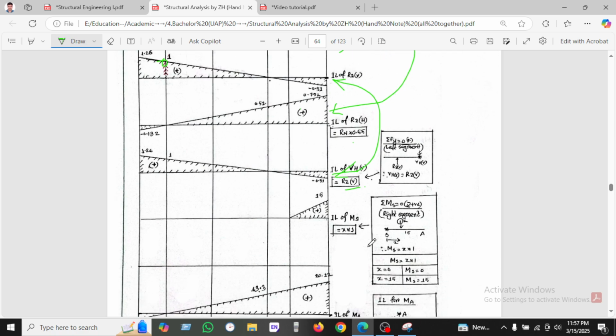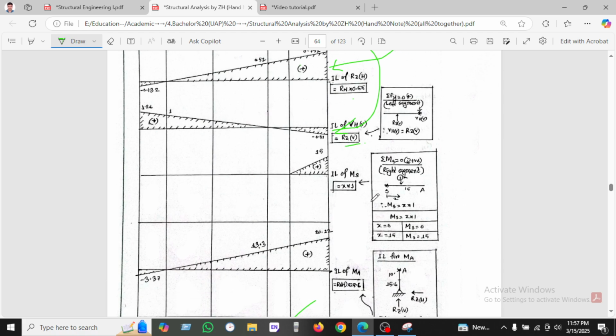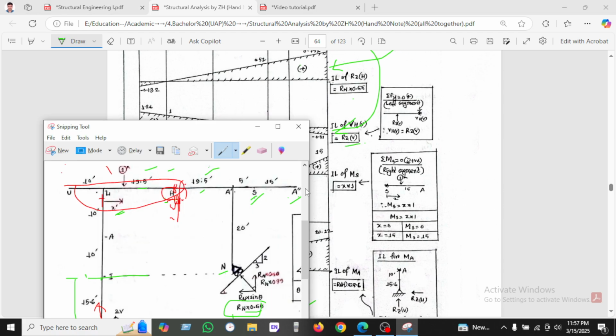Okay, so let's see another example. We are getting the influence line of MS. Where is MS? This is the portion of S. So taking the moment here, in the right segment, this is the right segment.